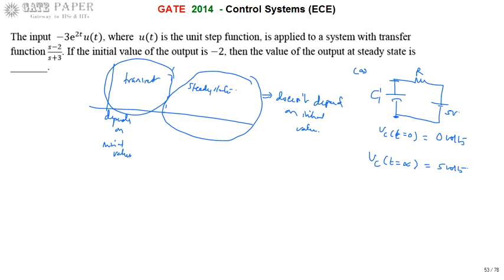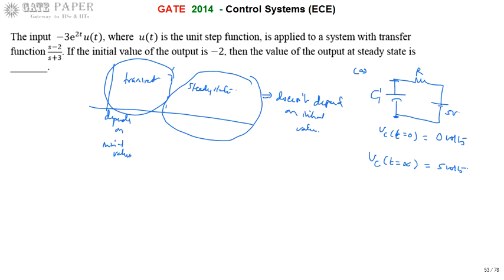Are you understanding this? The capacitor is initially uncharged, so the voltage across it is 0. At t = 0 you apply 5 volts through some resistance. To charge a capacitor it requires some time, measured in time constants. The capacitor charges 63.2% in one time constant, and to reach its final value it requires a minimum of 5 time constants.